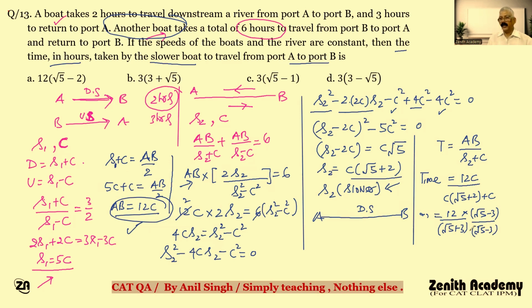So now root 5 plus 3, root 5 minus 3 means 5 minus 9, which is minus 4. Dividing minus 12 by minus 4 gives us minus 3. Minus 3 multiplied with minus, so this is 3. Time will be 3 into 3 minus root 5. This is our answer, and here the option is B.